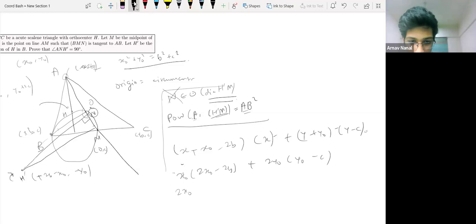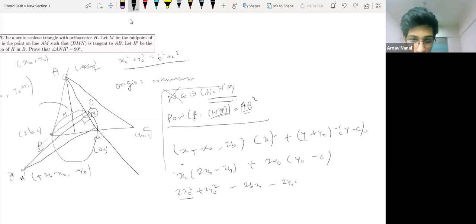This becomes 2x naught square plus 2y naught square minus 2bx naught minus 2y naught c.